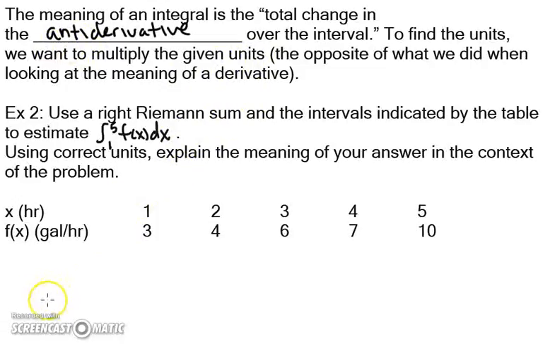So use a right Riemann sum and the intervals indicated by the table to estimate the integral from 1 to 5 of f of x dx, and then explain its meaning in the context of the problem.